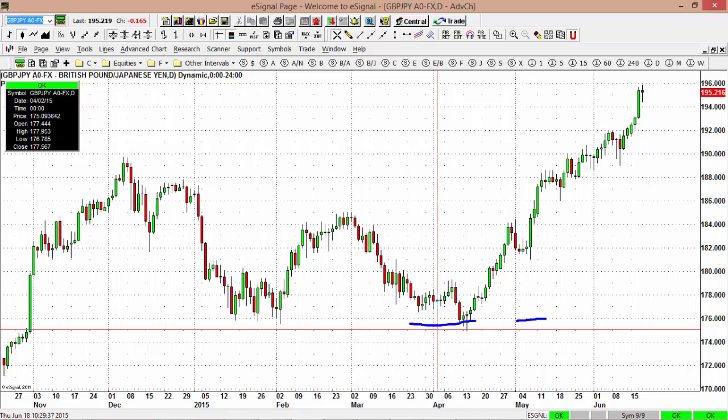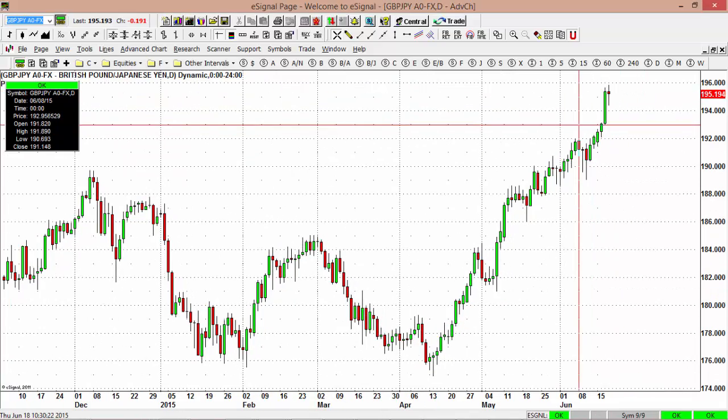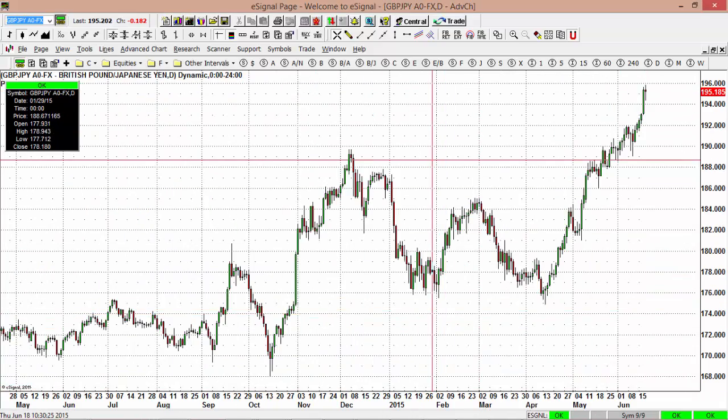Well, this market bottomed in the 175 area, and we are currently up to 195.21, and that's over a 2,000 pip move in just over 2.5 months. No, we did not get in exactly at the bottom, and this is a lesson on trend trading. We got in near the bottom, and we are still in. So we have captured the majority of this movement so far, and the market continues to move up, so we continue to stay long this market.